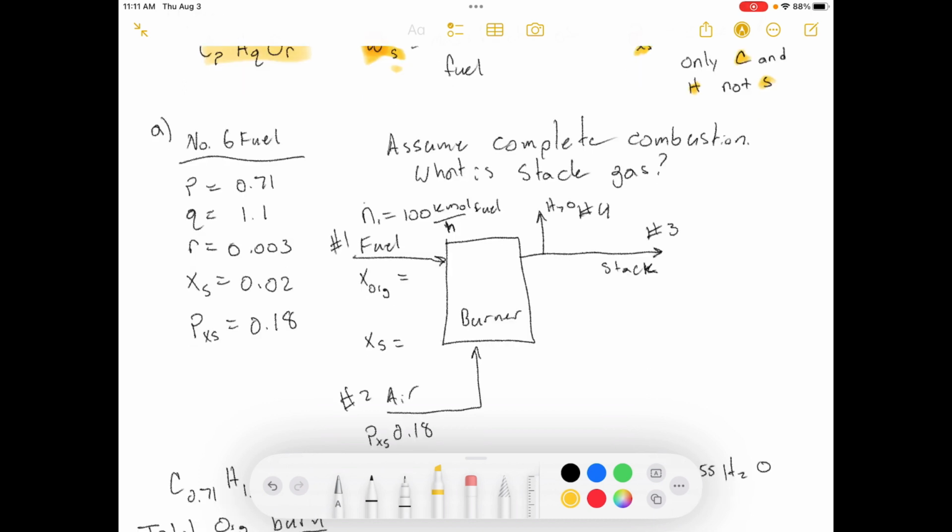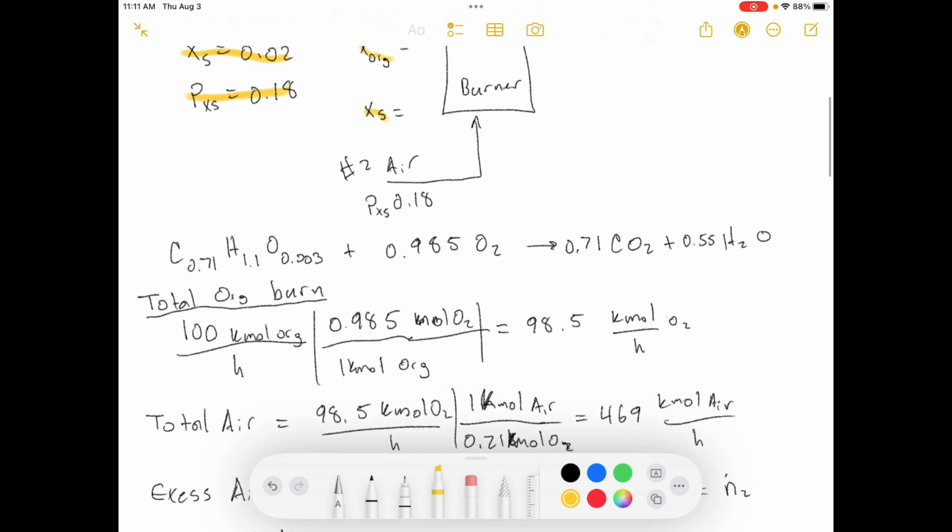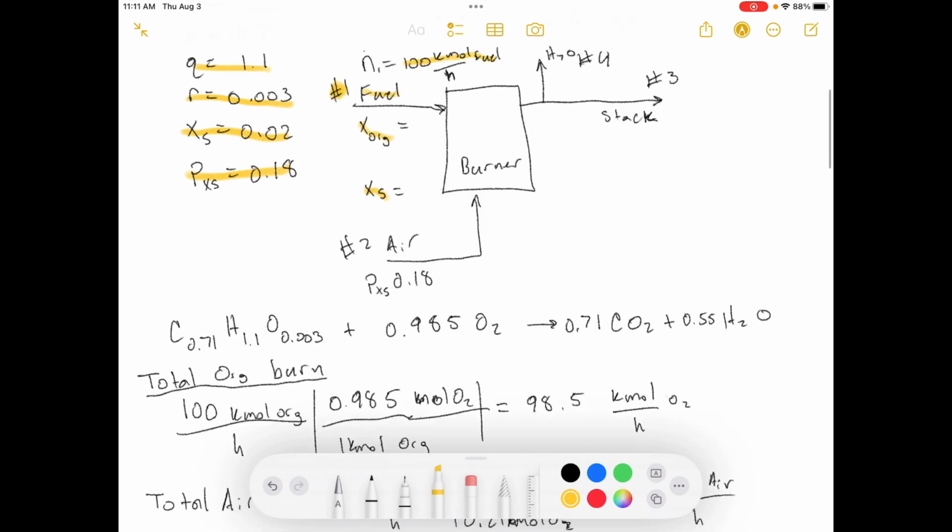Number 6 fuel has these properties that they gave to us. So we've got fuel going in here. We have a certain percentage that's organic, and we have a certain weight fraction that's sulfur. I'm going to say I have 100 kilomoles of, let me see, I need to change that.